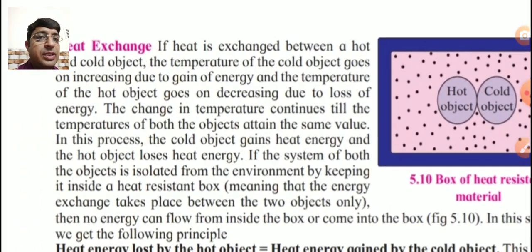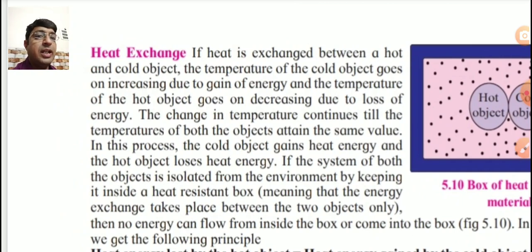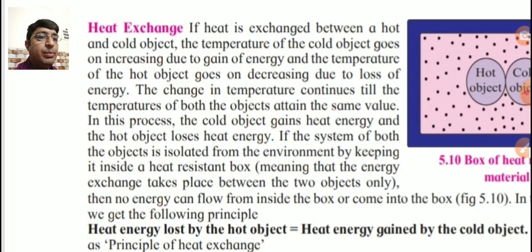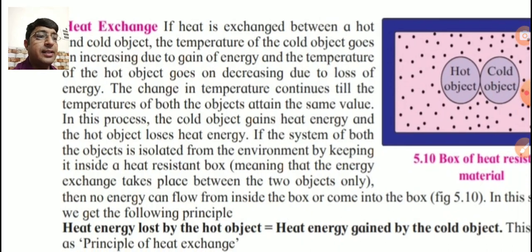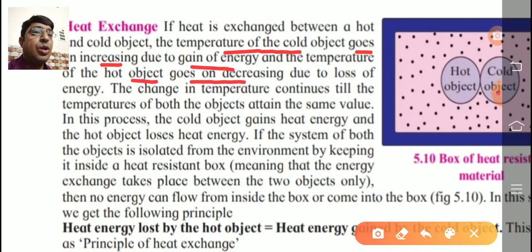See the explanation. Heat exchange. If heat is exchanged between a hot and a cold object, the temperature of the cold object goes on increasing. Underline that. The temperature of the cold object goes on increasing due to gain of energy, and the temperature of the hot object goes on decreasing due to loss of energy.